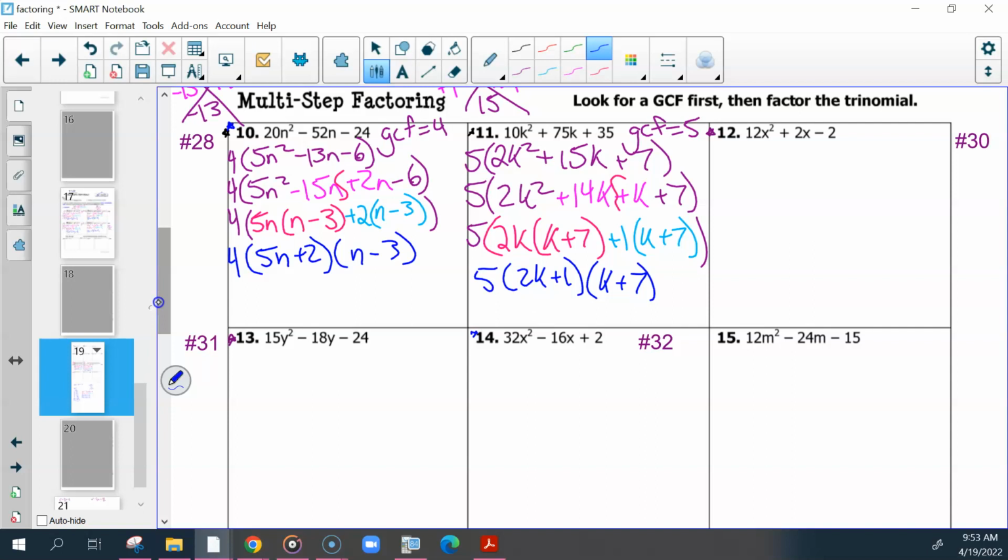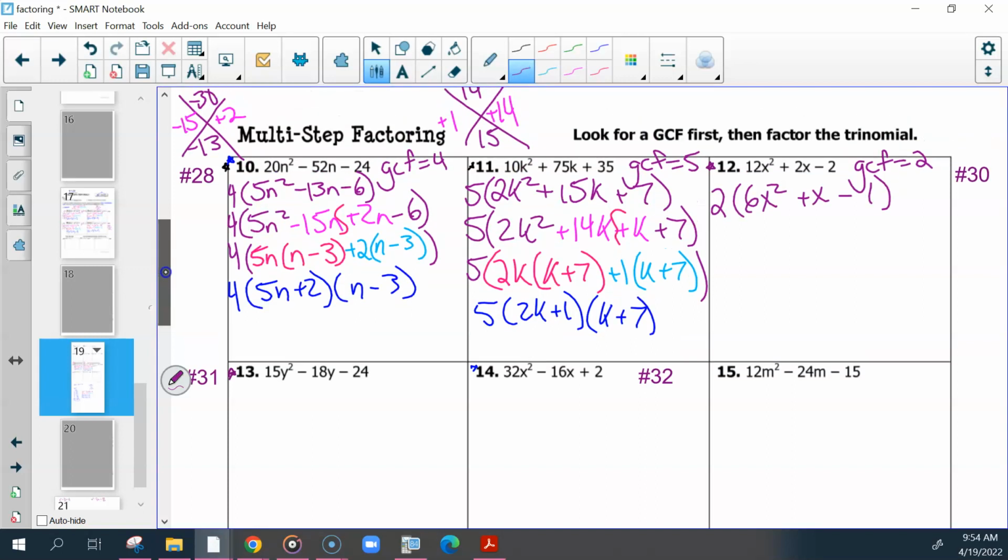All right. Really quickly, let's do 12, so you'll have more time to practice next class. GCF of 12. 2. We divided 2 out of everything and were left with 6x squared plus x minus 1.